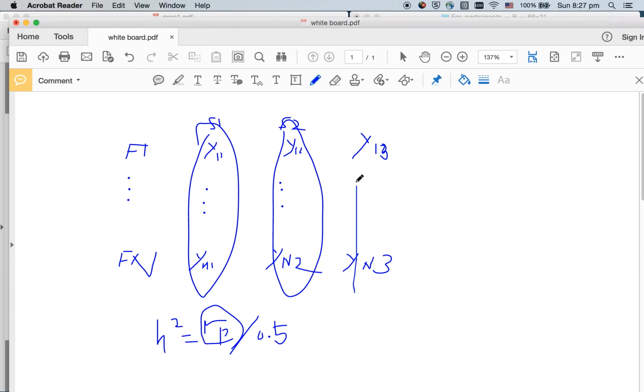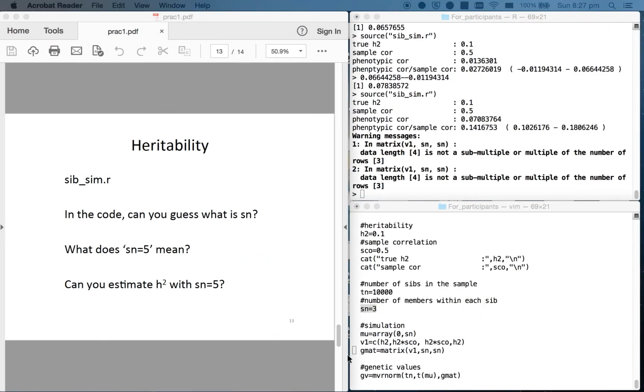Probably you can ignore this information, but then you lose some information that is available, right? That's not what you want. You should use all information available. Then what can you do? So that is the question from this slide, right?